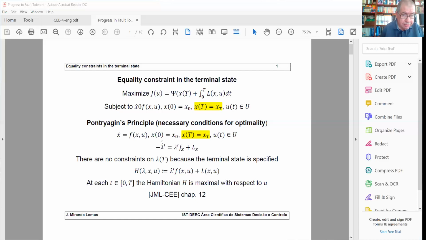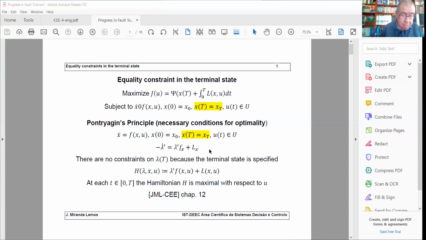So you have your state, cost state, and optimal control along an optimal trajectory satisfy this triplet, satisfies the state equation, the initial condition, the terminal condition for the state, the fact that U belongs to the set of admissible states, and the adjoint equation. Furthermore, at each time, the Hamiltonian is maximum with respect to U.